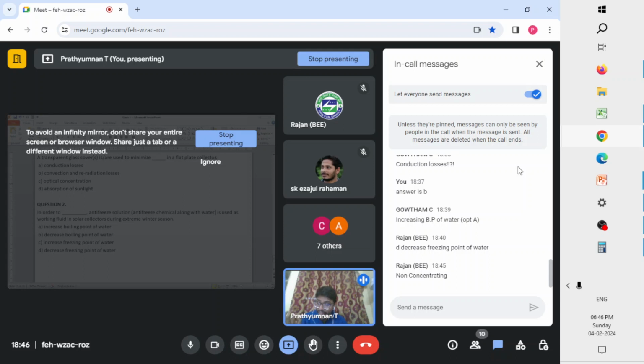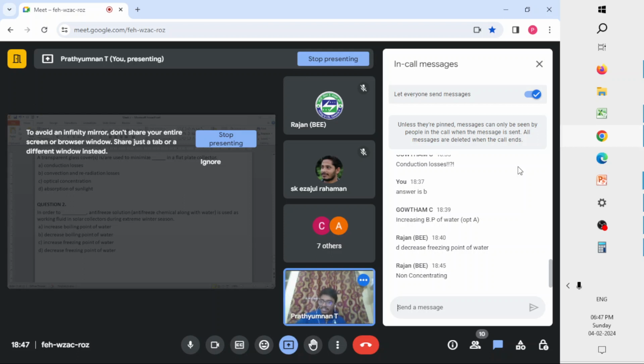Whereas if you use a concentrating one, you will be able to harness a much larger amount of sunlight. In real-life applications today, we may not have a rotating concentrating type collector, but as a prototype there are a lot of different models where you have rotating concentrated solar collectors. The sun rises in the east and sets in the west, so it is at a different position at different parts of the day.